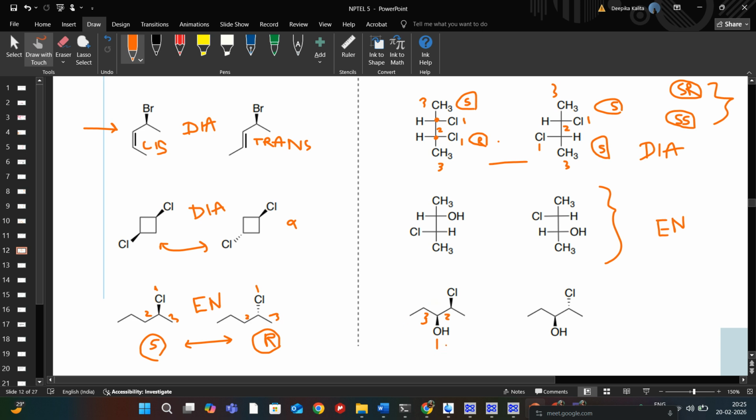Hence, this is going to be R. The first atom will be R. And the second one will be 1, 2, 3, S. Here it will be 1, 2, 3, S. Sorry, R, S, S. And here it will be 1, 2, 3.